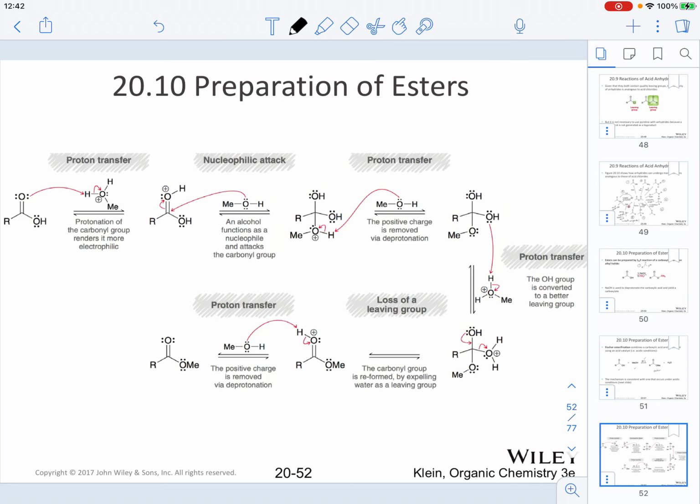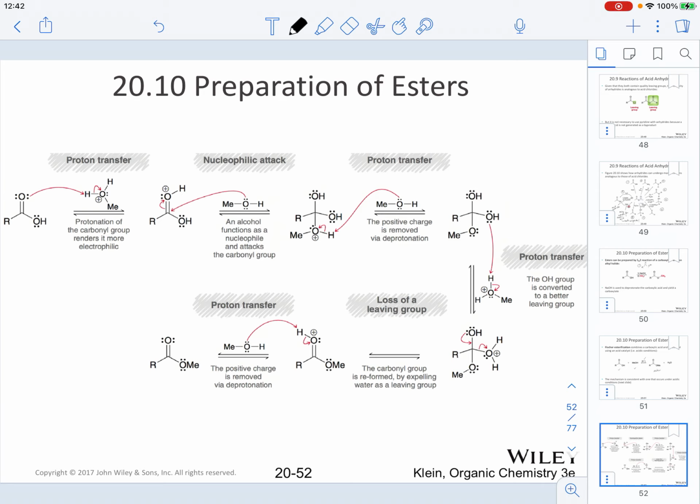Once we have that protonated carboxylic acid, then our alcohol, and remember that alcohols are not going to be the strongest nucleophile. So that's why catalytic acid is needed, because we need to make that carboxylic acid a better electrophile so our not so strong nucleophile can go and add to the carbon in the carbonyl, which is exactly what we see in the second step of that nucleophilic attack.